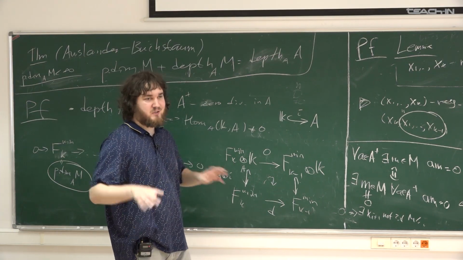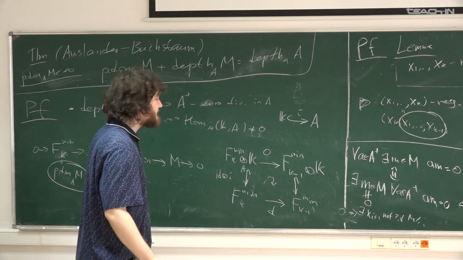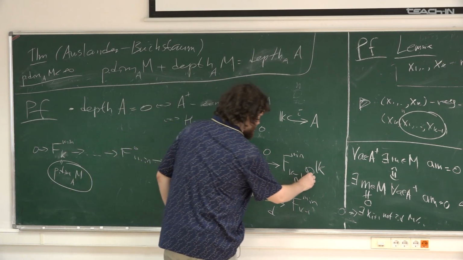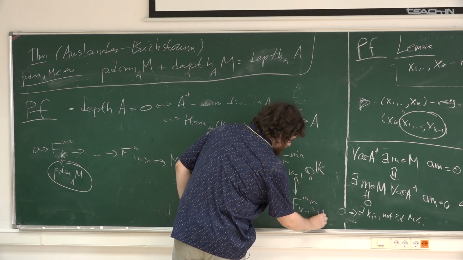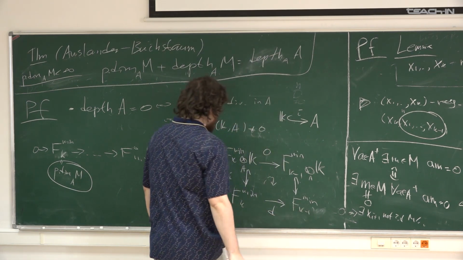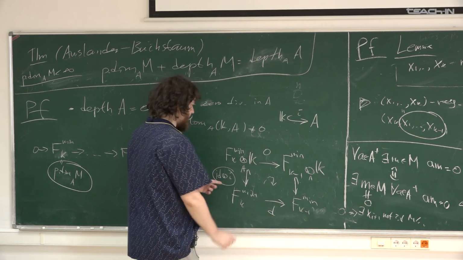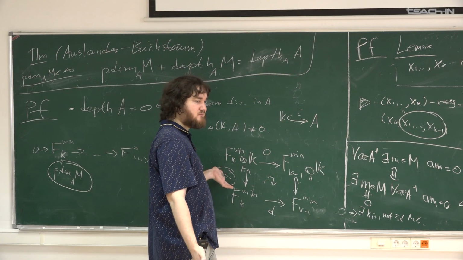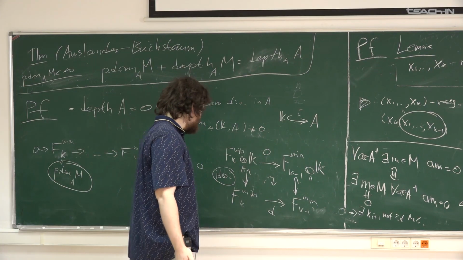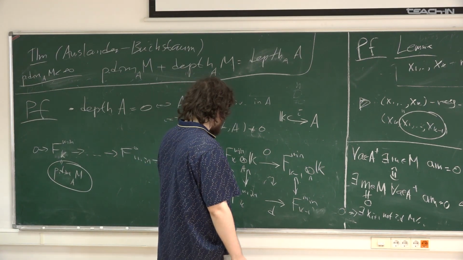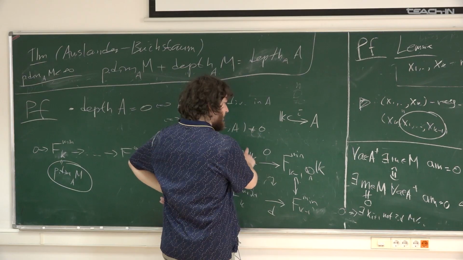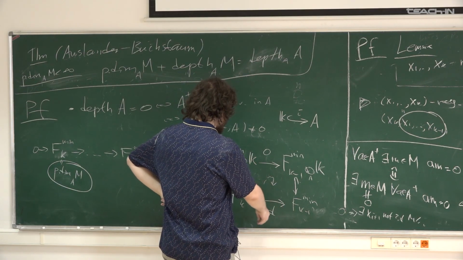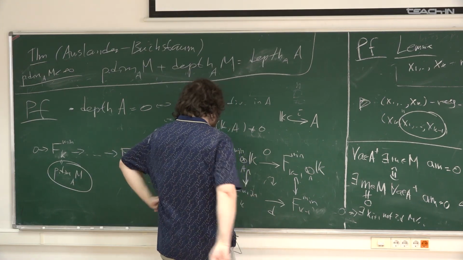So tensor product with them preserves injectivity. These maps are injective because i is injective and these modules are free, so flat. So what we obtain is a zero injection into something. What does it mean?